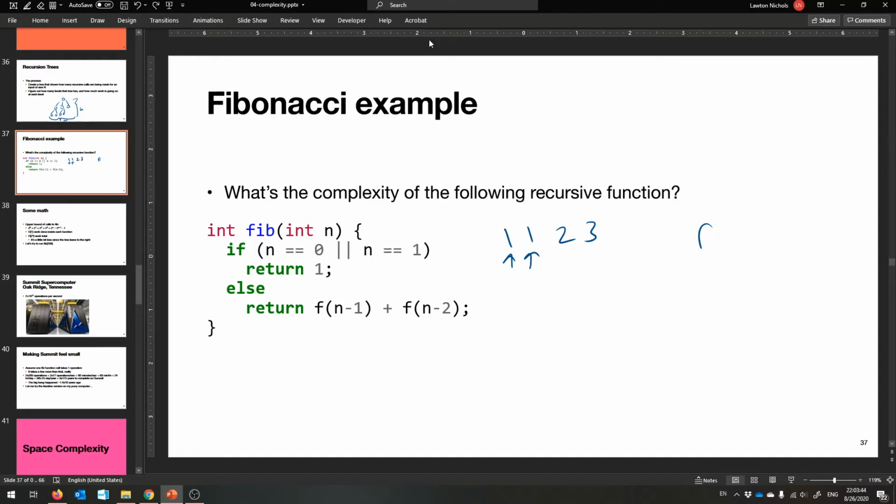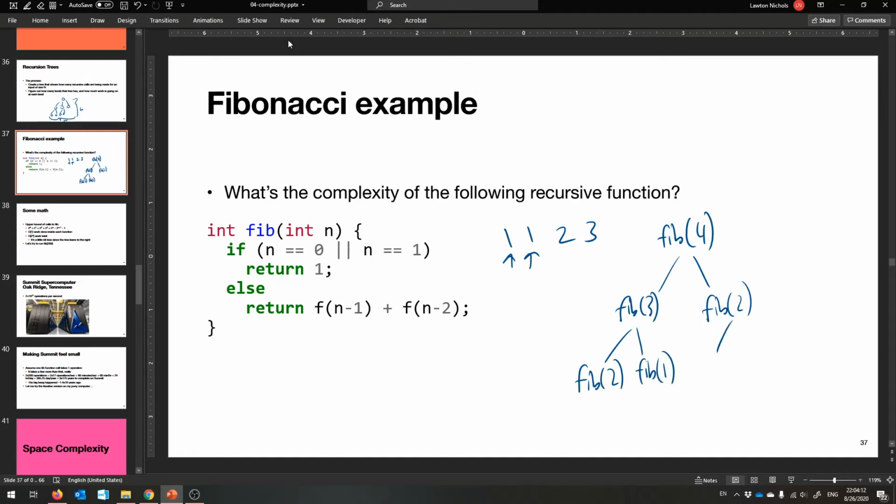Fibonacci of 4. What it's going to do, because it's not the base case, it's going to call Fibonacci of 3 plus Fibonacci of 2. And then this one's not the base case, it'll call Fibonacci of 2 plus Fibonacci of 1, and this one will call Fibonacci of 1 plus Fibonacci of 0.